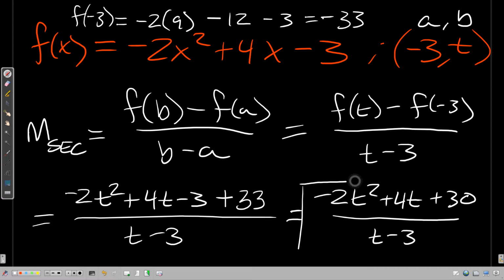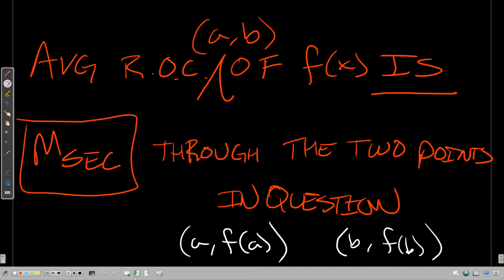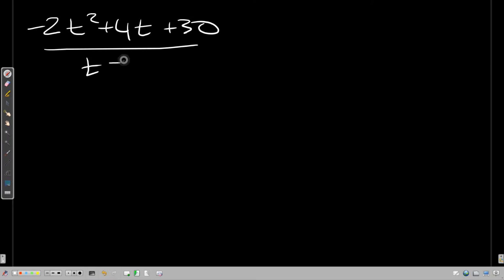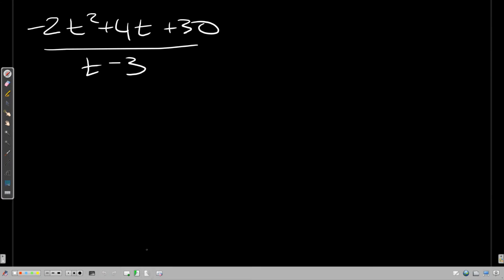My objective here would be to factor this numerator and cancel with the denominator. Somehow you need to produce the cancellation between that numerator and denominator. Make sure I wrote it right.